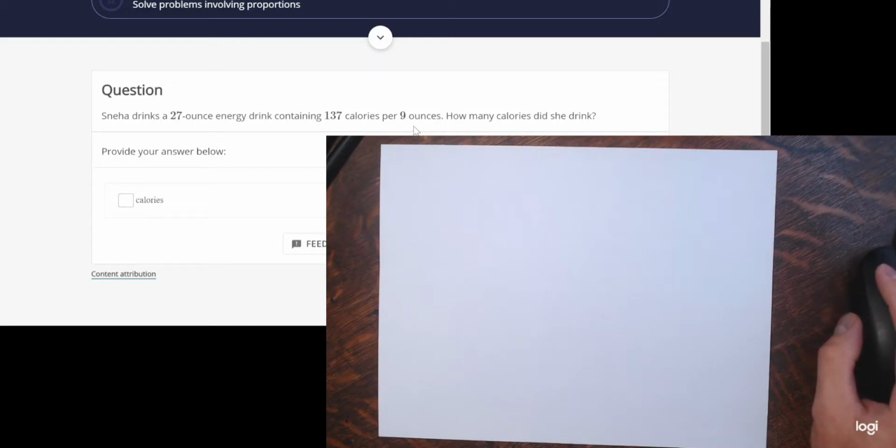Per 9 ounces. So when they say the energy drink contains 137 calories per 9 ounces, per means division, basically. You've seen miles per hour, dollars per gallon in real life. That's division. So if there are 137 calories per 9 ounces, that means every 9 ounces of the drink contains 137 calories. I'll set this up.